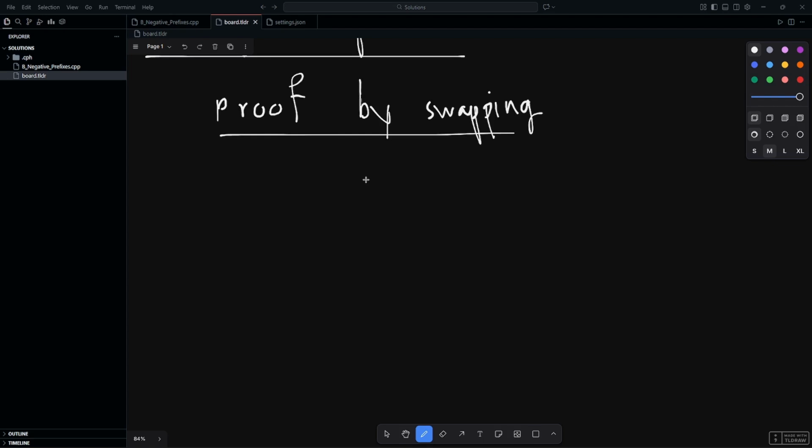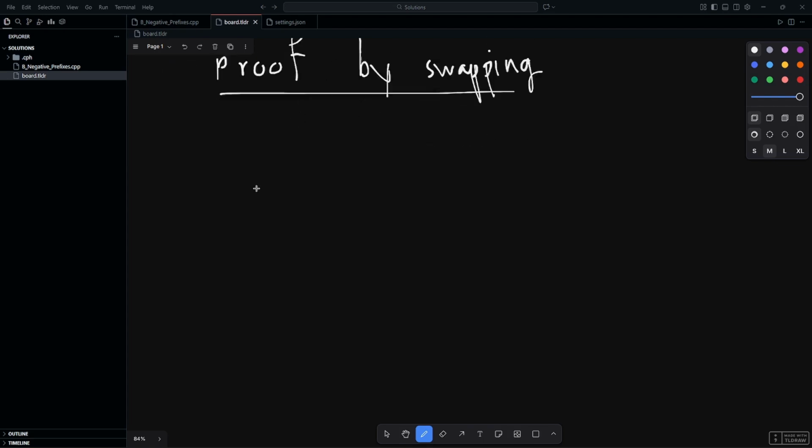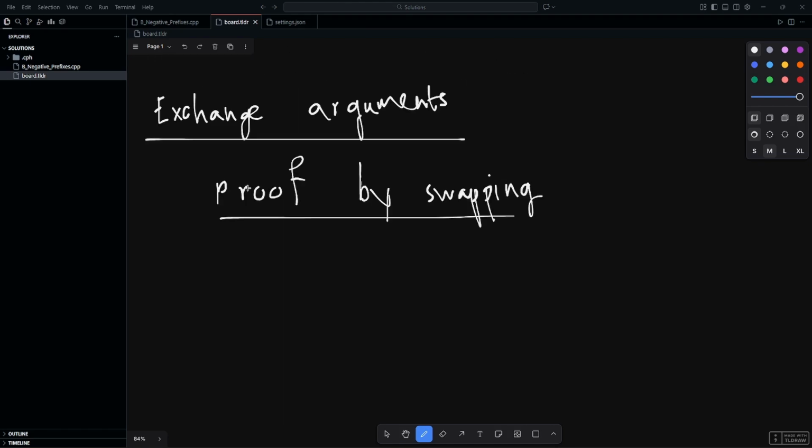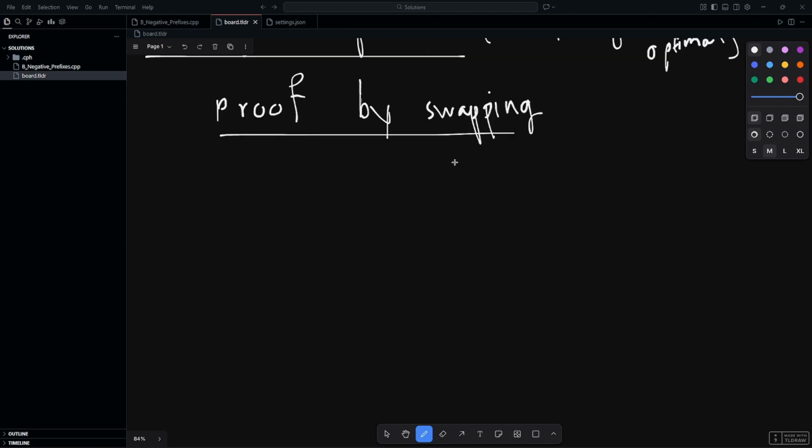So what does this proof by swapping mean? Let's say I need to only rearrange, and we use exchange arguments only when we have to rearrange in an optimal way. Whenever the thing is rearranged and you'll have some optimal way, you'll be using exchange arguments, and we'll be understanding the true beauty of exchange arguments in upcoming sessions.